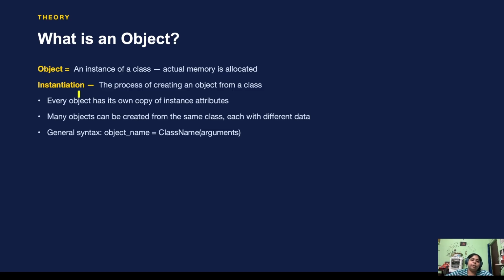What is an object? An instance of a class, with memory allocated. When you are done creating the outline of the class, you get the memory allocation in which that instance is put. Next comes instantiation, the process of creating an object from a class.